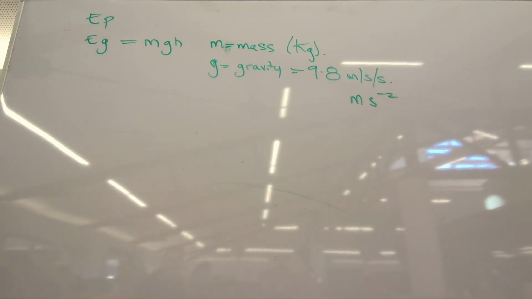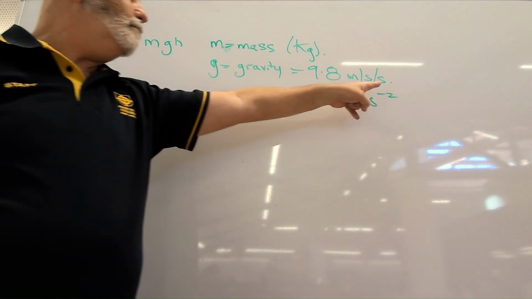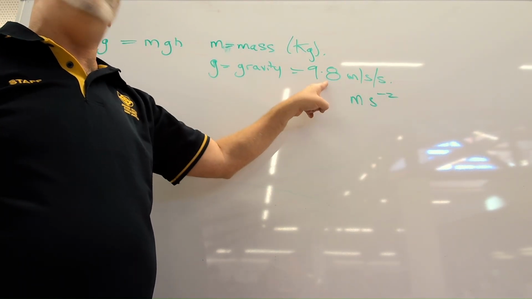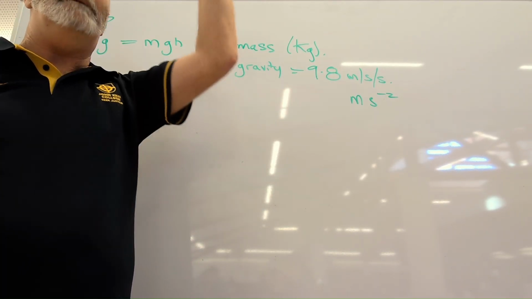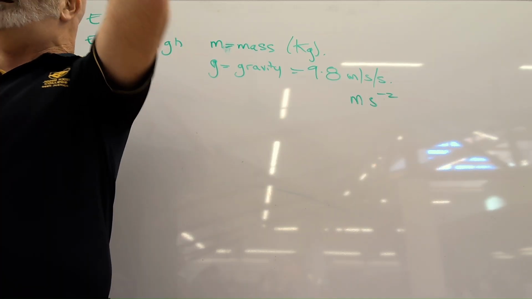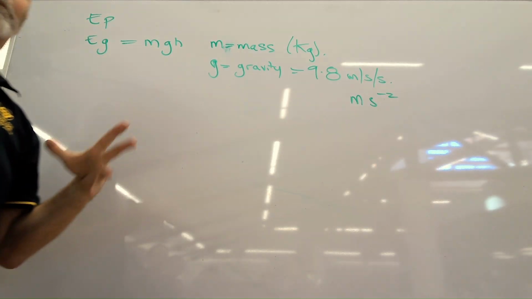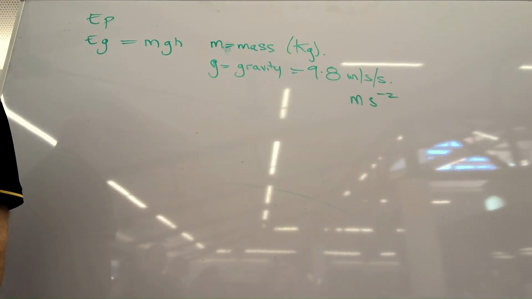What does that mean? Yeah, acceleration. Well done. It means that every second it's speeding up by 9.8 meters per second. So just say I jumped off a building. After 1 second, I would be traveling at 9.8 meters per second downwards.